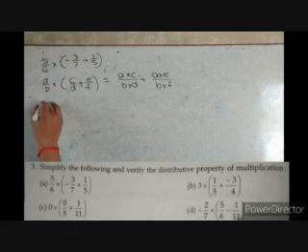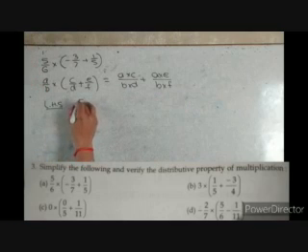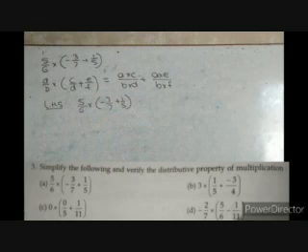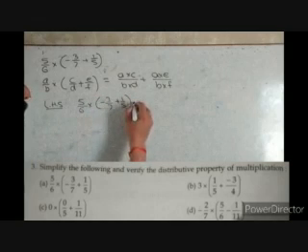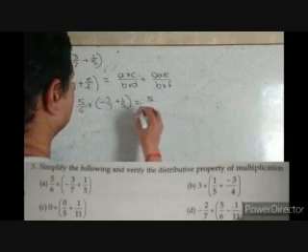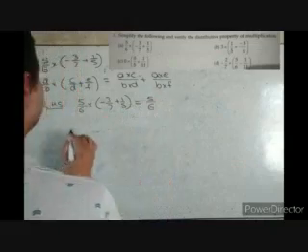Now LHS: 5 by 6 multiplied by minus 3 by 7 plus 1 by 5. Then what we have to do? We have to find out directly the LHS.